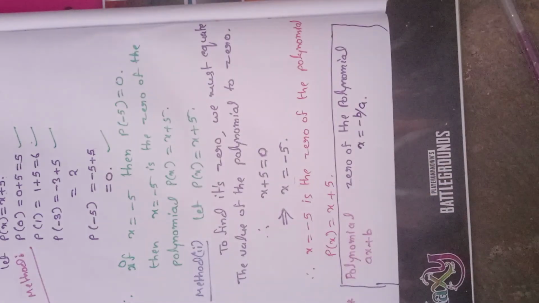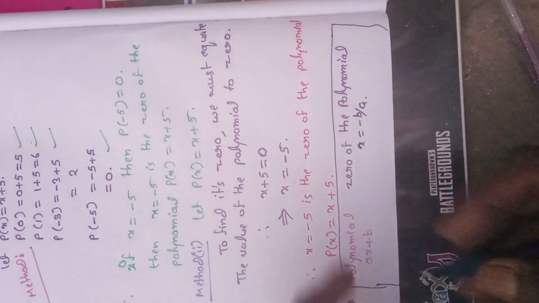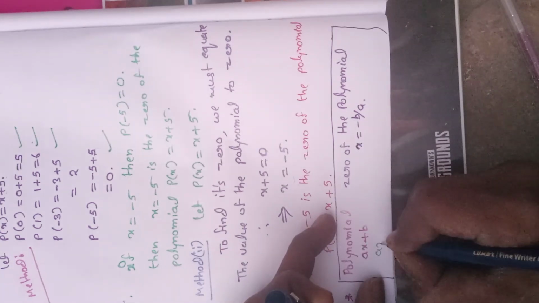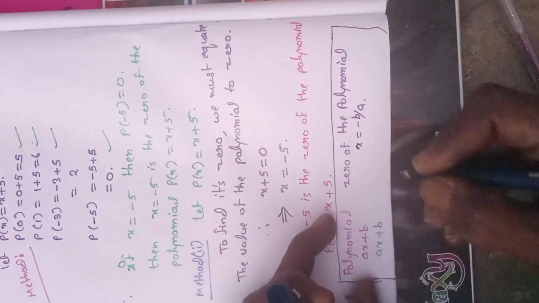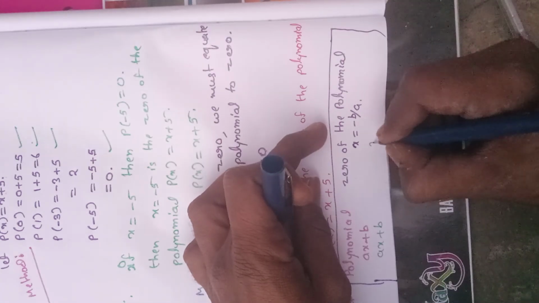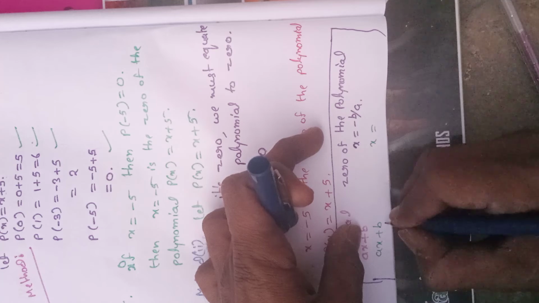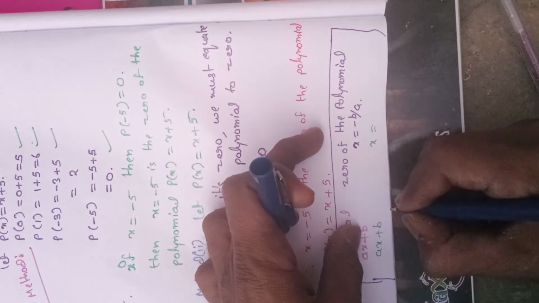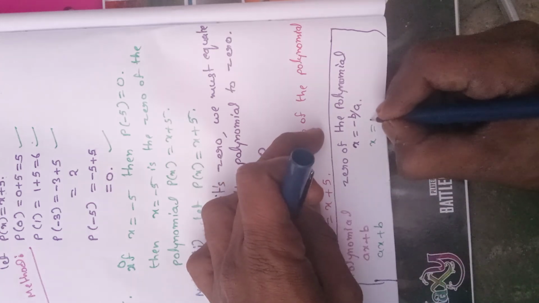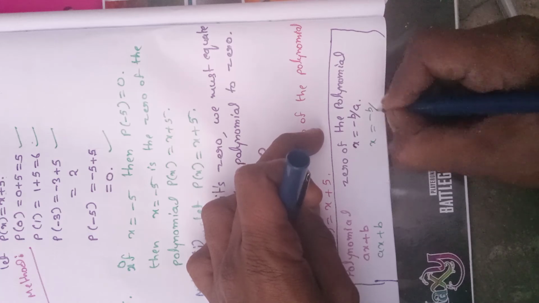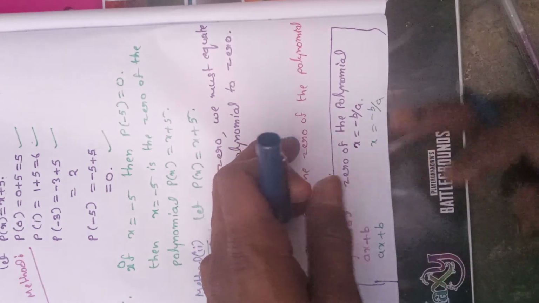Suppose we take the polynomial ax minus b, a given linear polynomial. We can guess what its 0 is, that is, the value of x. If I equate it to 0, then ax minus b equals 0, then ax equals b, and x equals b by a. Okay, now you can understand very easily.